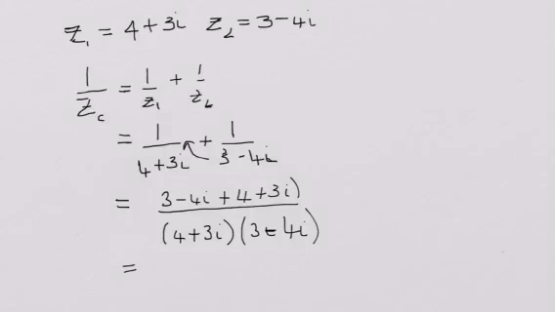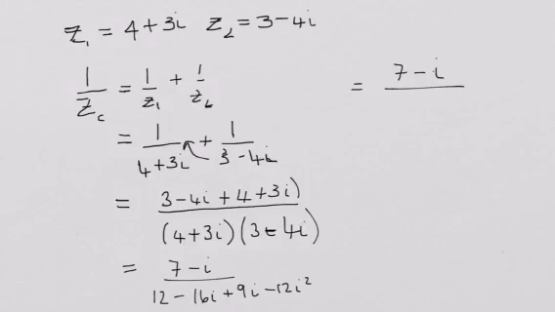Okay, so simplifying the top, I'm going to get 7 minus i over, that's going to give me 12, minus 16i plus 9i, so it's minus 16i plus 9i, and that's going to give me minus 12i squared.